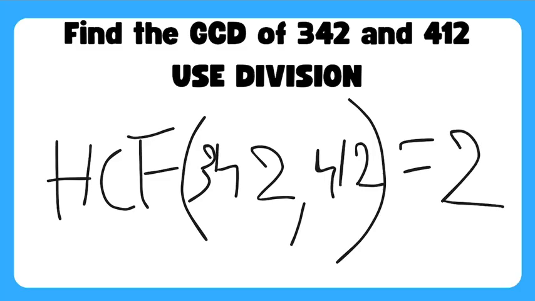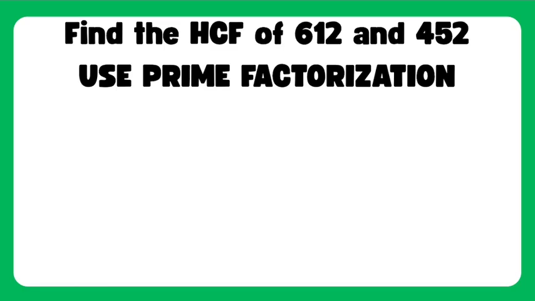That's it. So now we will be doing another example. We have to find the HCF of 612 and 452, and we are going to be using prime factorization. So let's start off with 612. So for this one, we can start off by using 2, and that will give us 306.